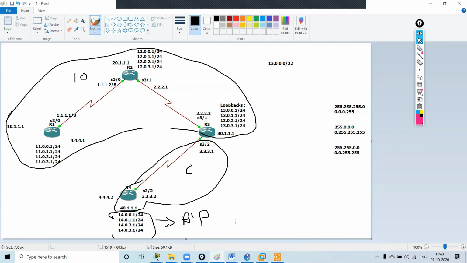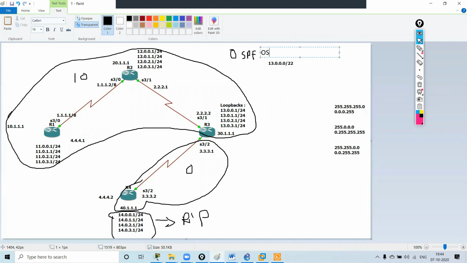Okay. Just write OSPF stub and totally stub and I will take the screenshot. Where I have to write? Anywhere. Yeah. OSPF stub and totally stub, right? Just give me this thing.